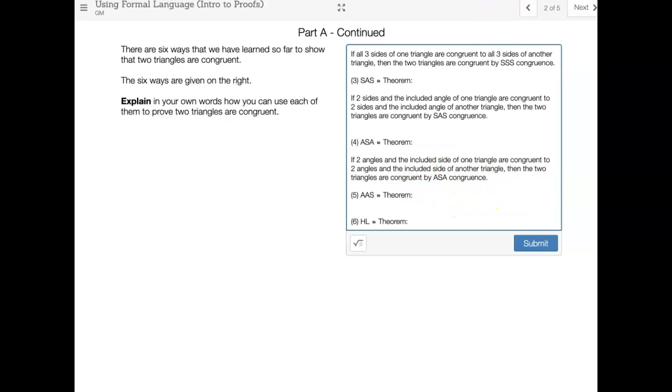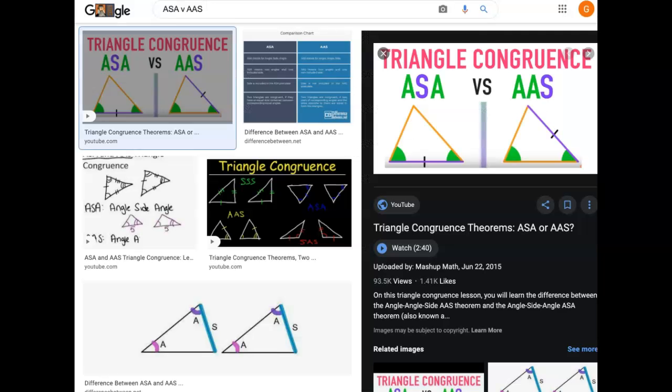Let's go back and look at the image I had. Again, for angle-side-angle you have two angles and the included side. Now when we go to angle-angle-side, it'll be worded almost identically, except it'll say two angles and a non-included side. So I'm going to copy and paste what I wrote for angle-side-angle, and instead of saying the included side, I'll say a non-included side. The included side is between the two angles; the non-included side is not between the two angles.